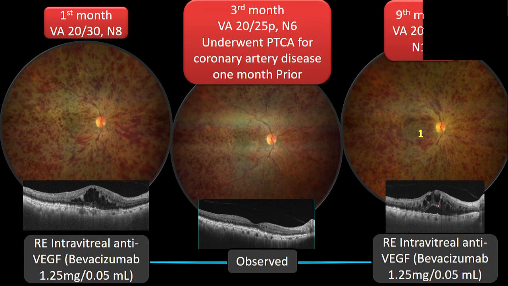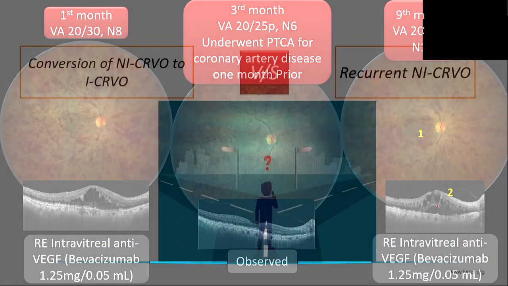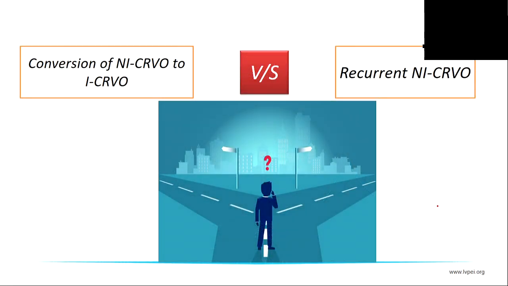We did give an intravitreal injection again, but this brought us to a diagnostic dilemma. The number of hemorrhages have increased which had resolved before, and the macular edema which was responding to treatment has come back again. So are we dealing with a conversion of a non-ischemic variant of CRVO to an ischemic variant, or is there a recurrence of non-ischemic CRVO?